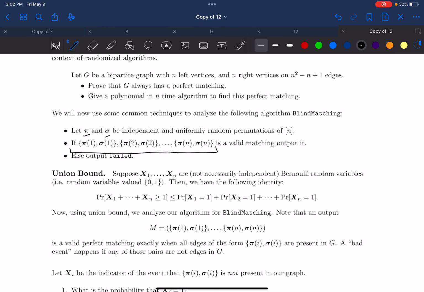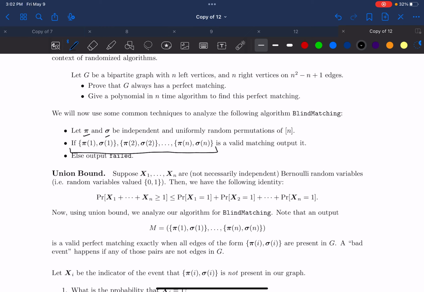The idea is that these two functions are mapping numbers. So we can think about it like pi of 1 could yield something like 2. Essentially, this could be any random number from 1 through n. And the same thing for our other function.